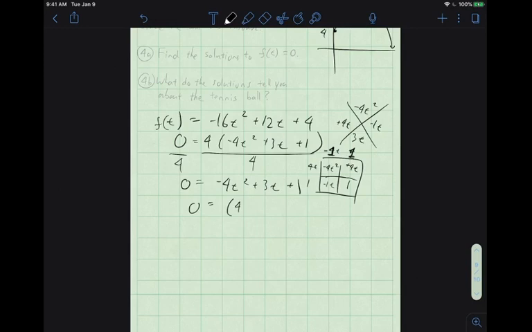So then 4t plus 1, and then negative t plus 1. By zero product property, 4t plus 1 equals 0, t equals negative 1/4. Doesn't make any sense. So that means it's going to be this answer.